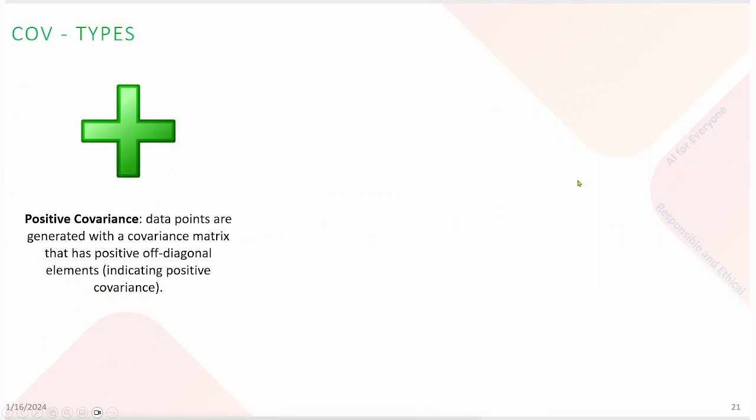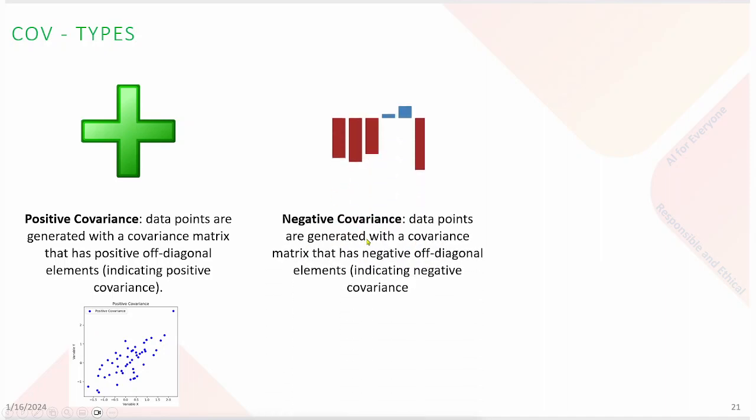So the types of covariance: positive covariance means directionally the changes in the two variables are the same. For example, here, variable 1 is increasing in this direction, and variable 2 is also increasing. So that's called positive covariance. Similarly, negative covariance is just the opposite of that. That means the change is in the opposite direction. Let's say the values are increasing here, and this value is decreasing.